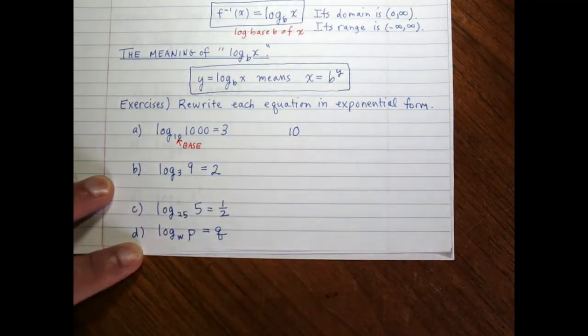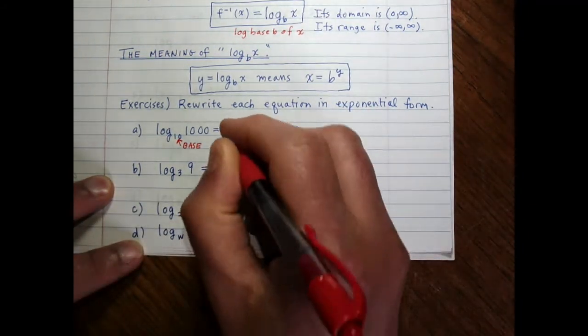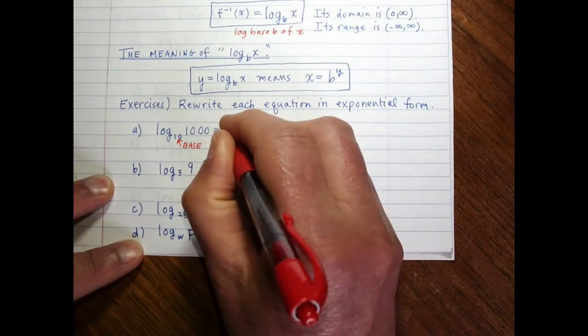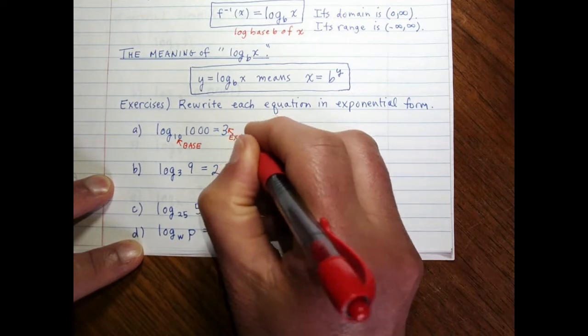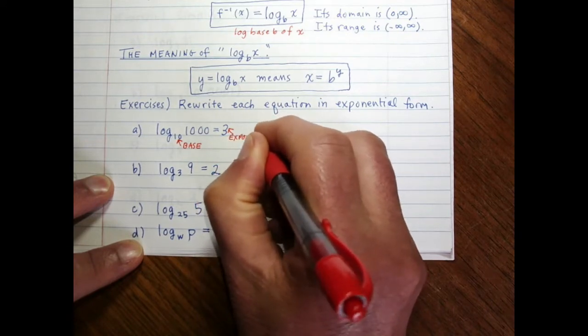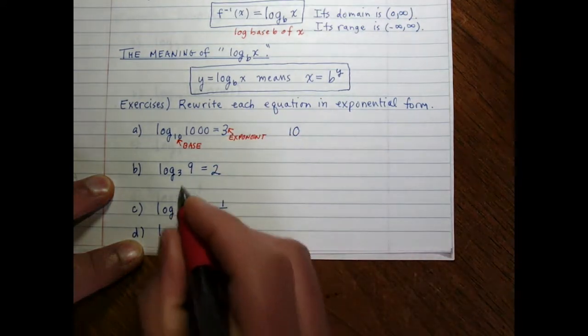I'm going to be writing 10 to some power. The number by itself on one side of the equal sign is always the exponent when we switch to the exponential expression.